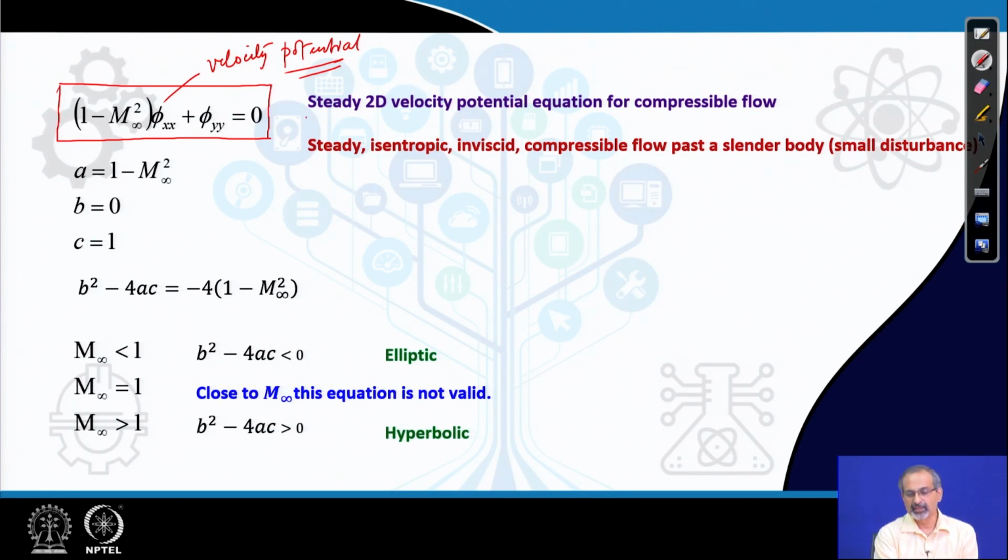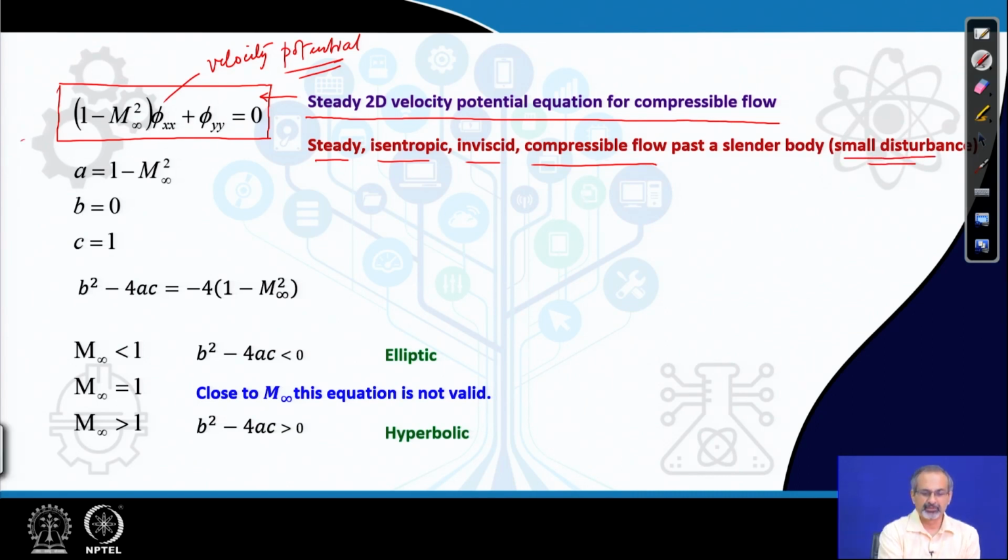So, if you apply it in a steady 2-dimensional form, then this is how it will look like in the xy plane. So, we are talking about steady isentropic inviscid compressible flow past a slender body which is essentially a small disturbance source or a small perturbation source.